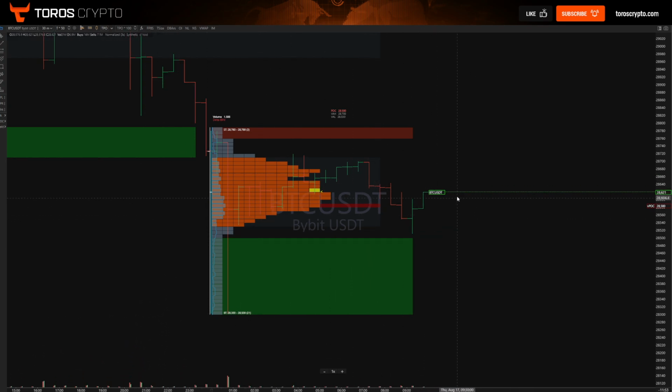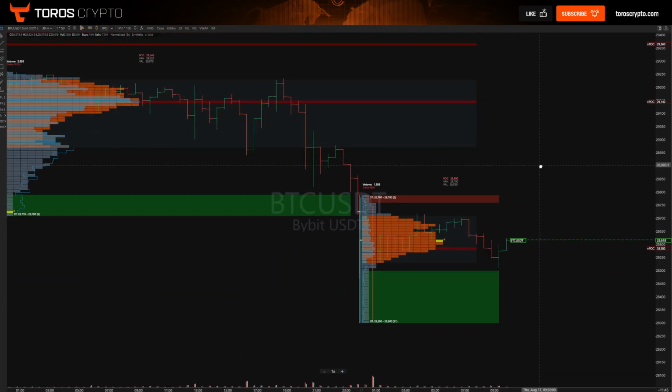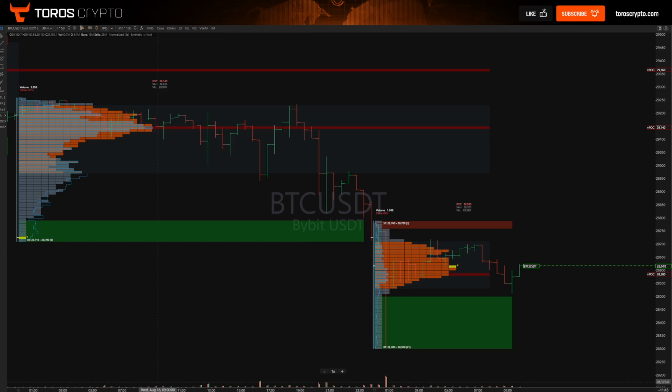So what is critical today is basically not to come back into this buying tail at all, to hold within value. And if it can hold within value, hold around this POC, then it does give us the opportunity to start looking at upside targets. Now, market structure still remains down, and until that changes, it makes sense to be looking for short positions.